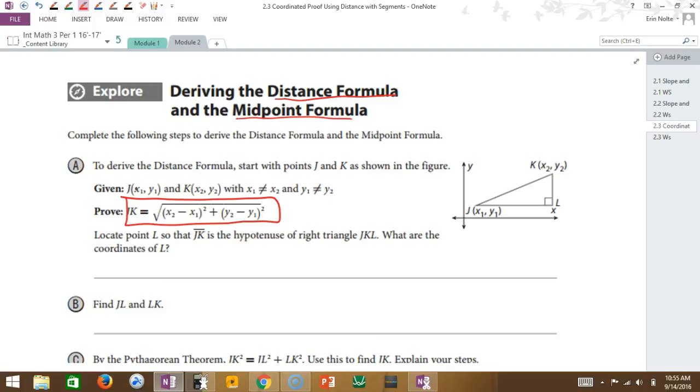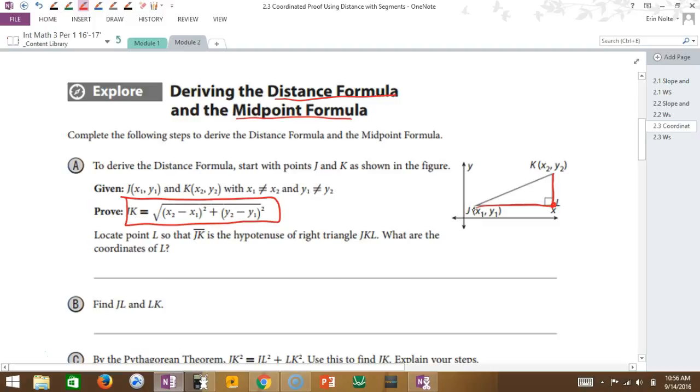Okay, so, alright, this is going to walk us through this. So it says locate point L. Okay, there's point L. So that JK is the hypotenuse of a right triangle. Okay, so it pulls this down, and it basically is your idea of your rise over run. So we could have gone up and made a right triangle this way, but they went this way, so that works.